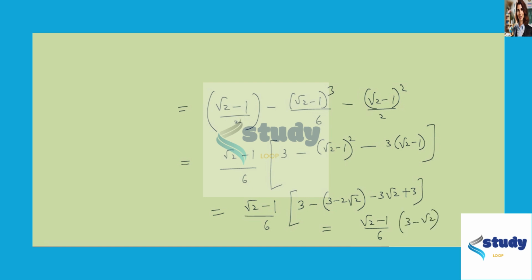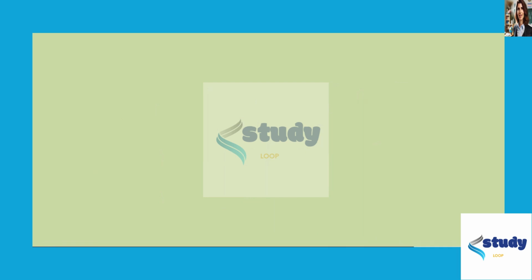When you multiply root 2 minus 1 and 3 minus root 2, I'll get, by 6, 3 root 2 plus root 2, 4 root 2, minus 2 minus 3. So 4 root 2 minus 5 divided by 6. So this is the area of the region R dash.